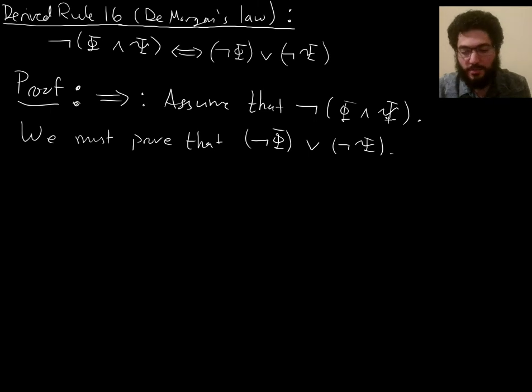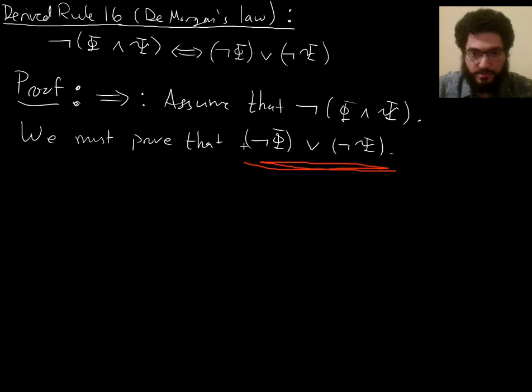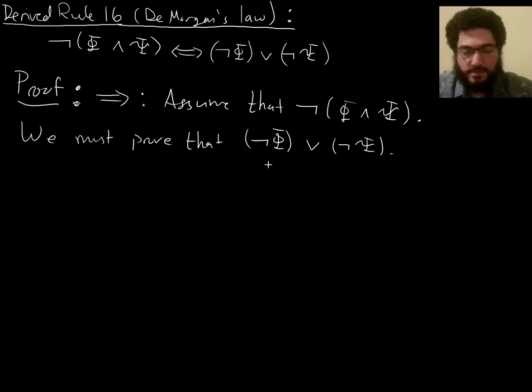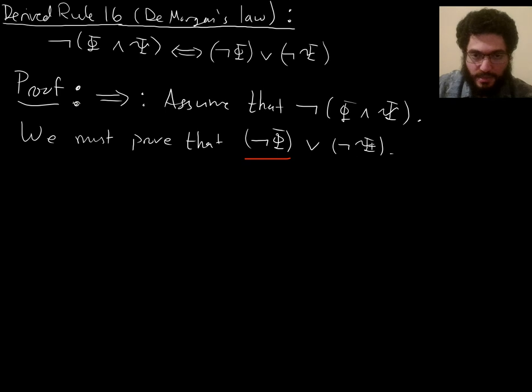And now I'm immediately stuck, kind of. I'm stuck because my basic rules for proving an or like this are to prove one of the two sides of the or, right? So if I'm going to prove this, I need to either prove this, and then I can deduce the or, or I prove this, and then I can deduce the or. But I don't feel like I can do either of those things.